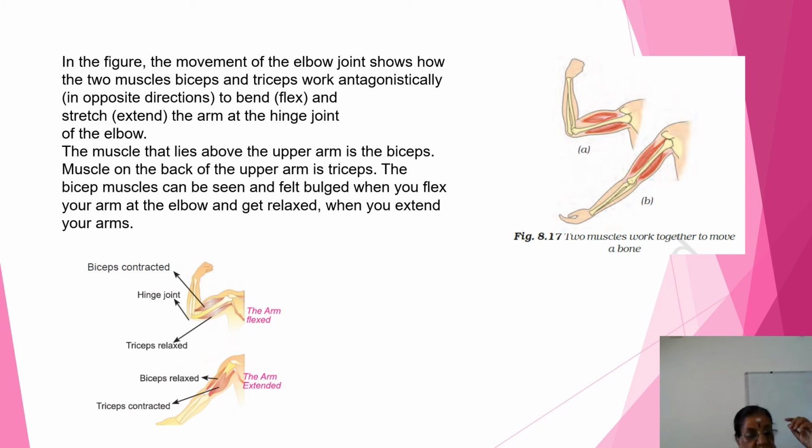Shall I go to the next? As an example of flexor and extensor, in the arms, biceps are flexors and triceps are extensors. Note this down. In the arms, biceps are flexors and triceps are extensors. Whereas in the legs, hamstring and shin muscles are flexors and thigh and calf muscles are extensors.